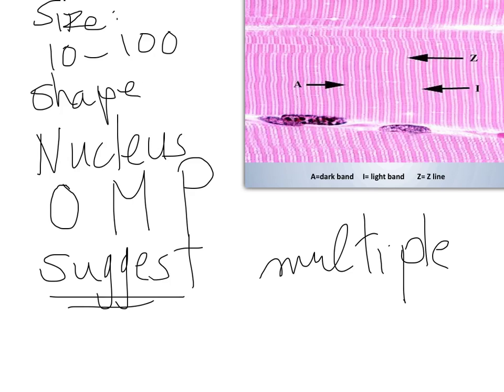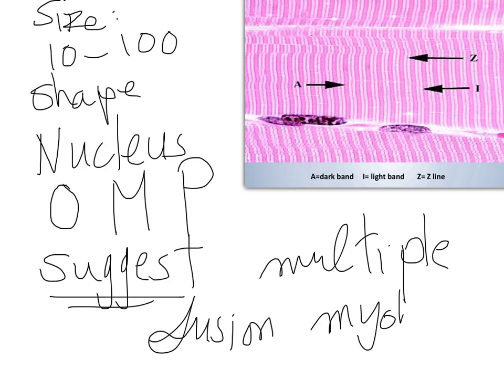They are multiple because the fiber is formed by fusion of mononuclear myoblasts. So by this fusion we have multiple nuclei.